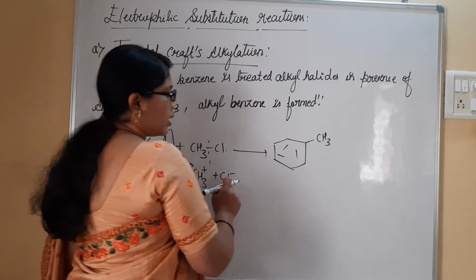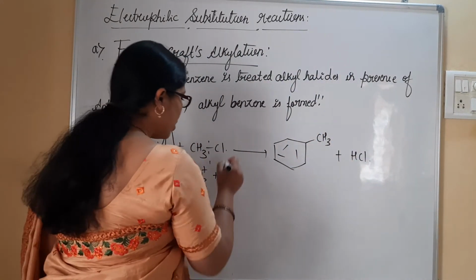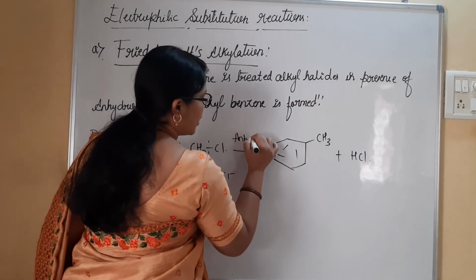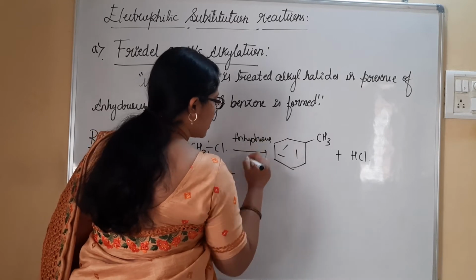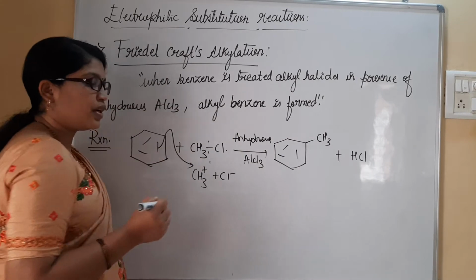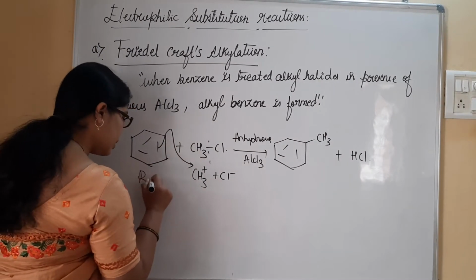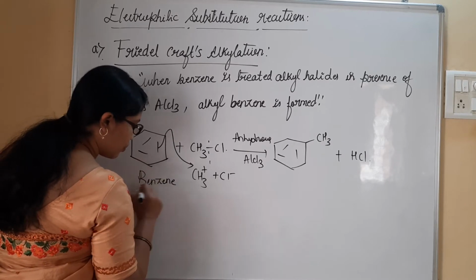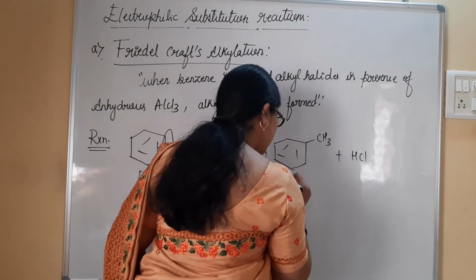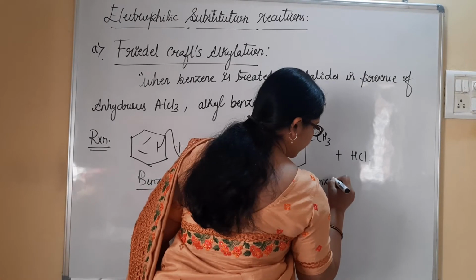H plus and Cl minus combine to form HCl, and the whole reaction takes place in presence of anhydrous aluminium chloride, AlCl3. This is also referred to as the Friedel-Crafts reagent, wherein benzene is treated with alkyl chloride to form alkyl benzene. In this case, it is referred to as methyl benzene.